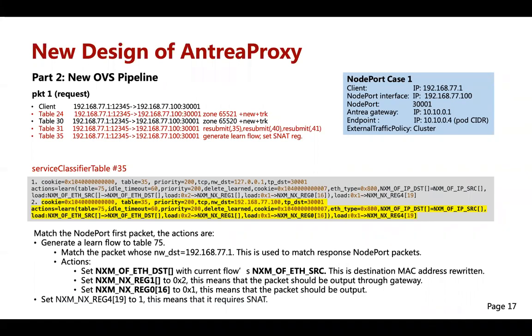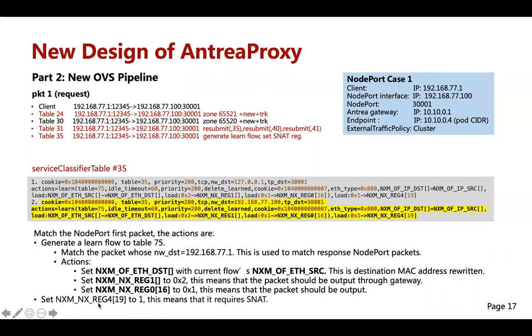The learned flow will rewrite the destination MAC with the current packet's source MAC address. Also set reg1. This means that the packet should be output through gateway. Then also set reg0 bit 16 to 1. This means the packet should be output.